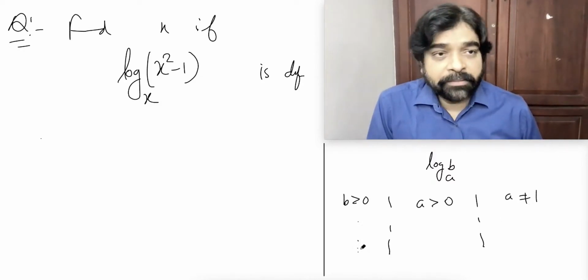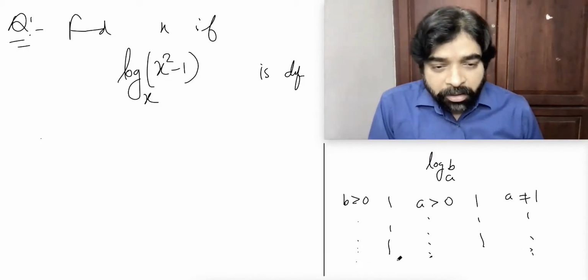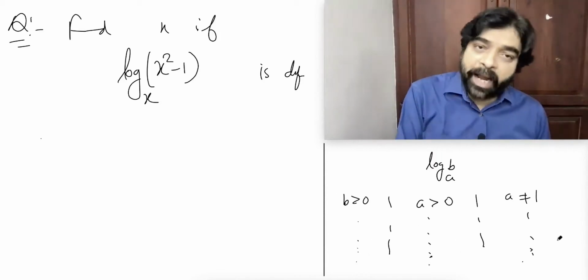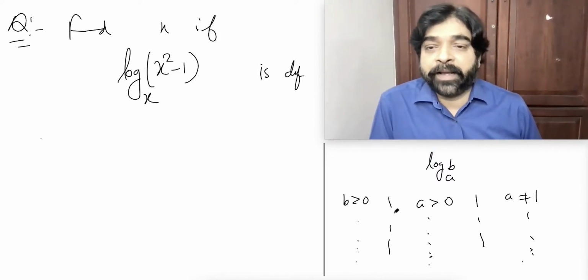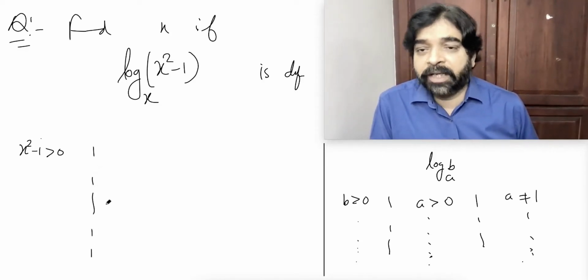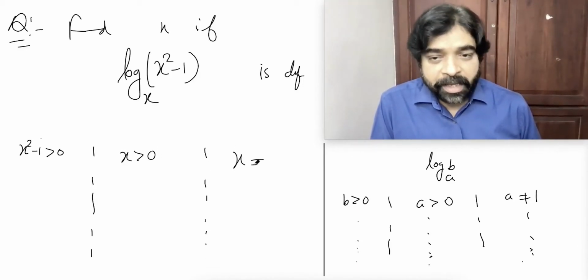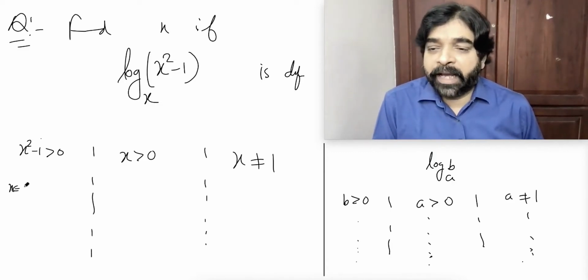I will solve here, then here, then here. All three conditions must be satisfied, meaning this should be true, and this should be true, and this should be true, with 'and' between them. So here, x² − 1 must be greater than 0. This is the first condition. Second condition, x greater than 0. Third condition, x not equal to 1. Have you understood? If you solve this, I can directly write it, I am not solving it here: (−∞, −1) union (1, ∞).